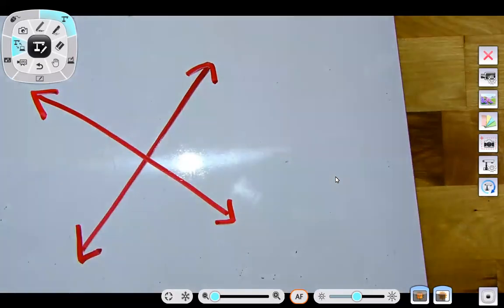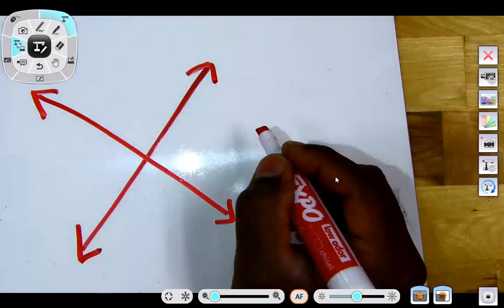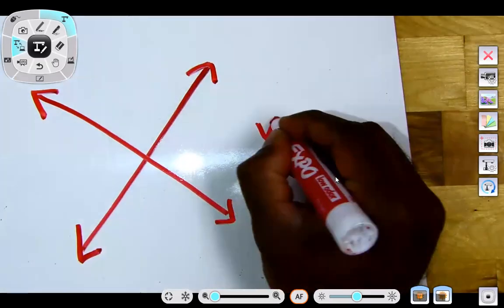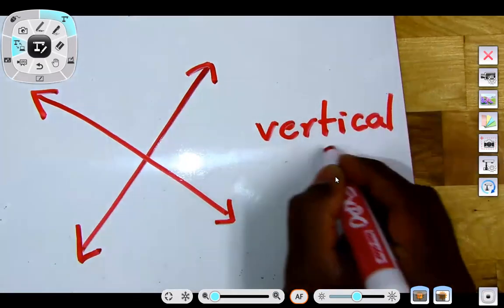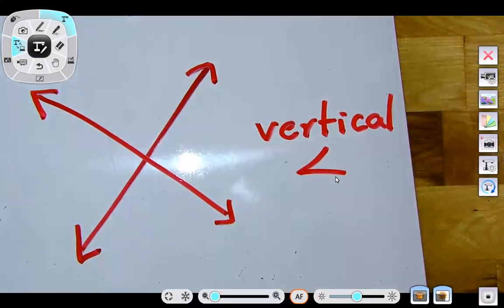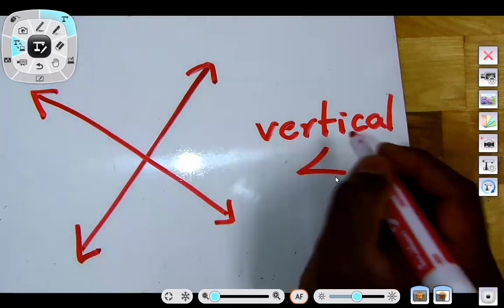If two lines intersect, the vertical angles, I just put the angle symbol like this. This is the angle symbol. You should know they should be congruent. What is the other word for congruent? Exactly the same.